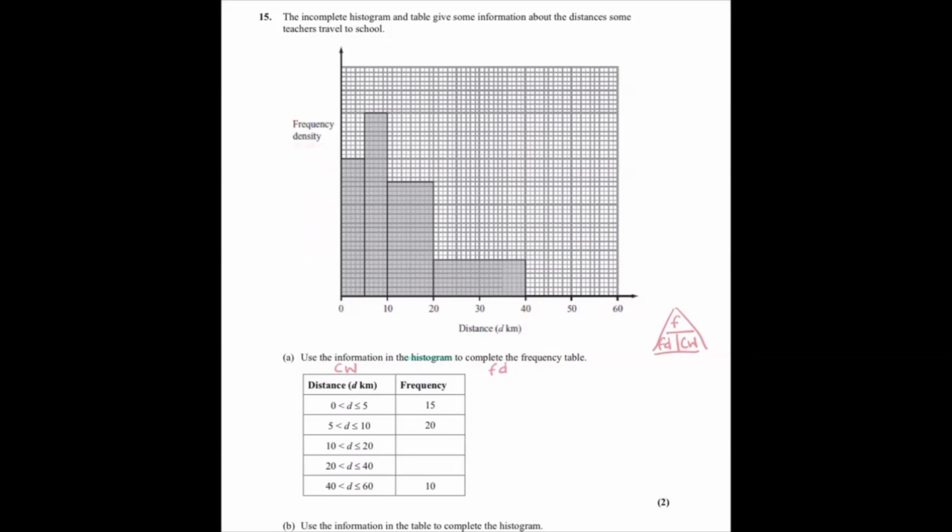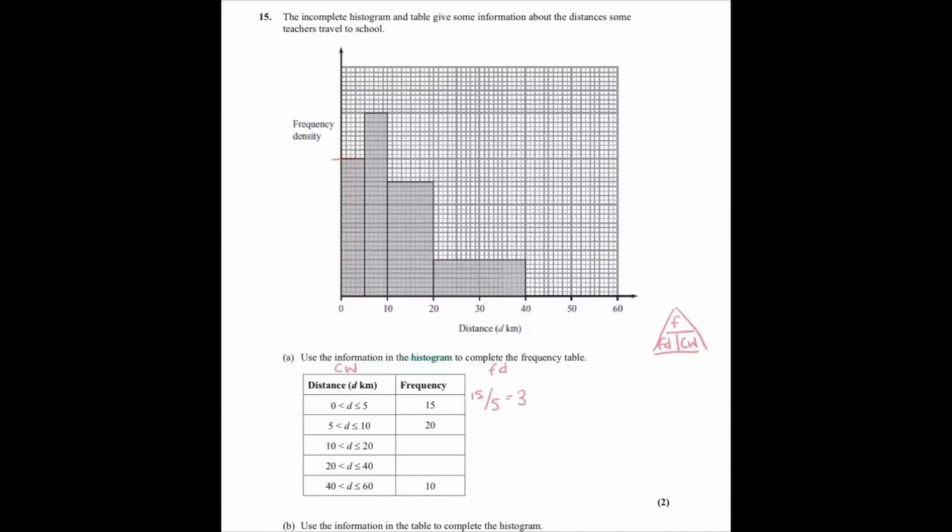So we're going to use the triangle to help us work out the scale. So in the first row, we have a frequency of 15. We need to divide that by the class width, which is 5, and that gives 3. So the height of our 0 to 5, the height of that is 3.